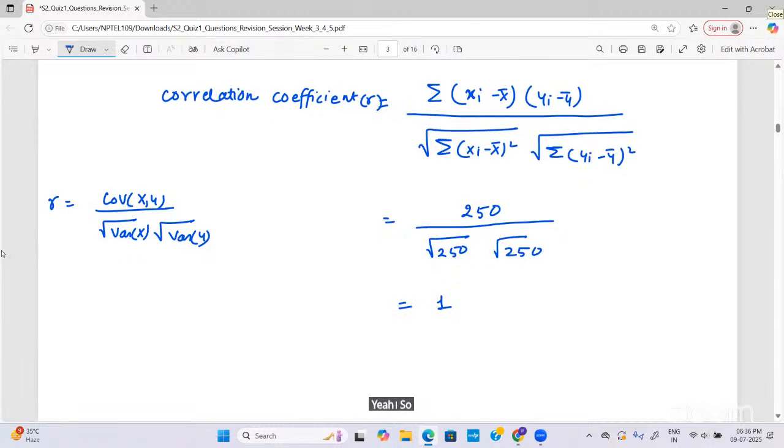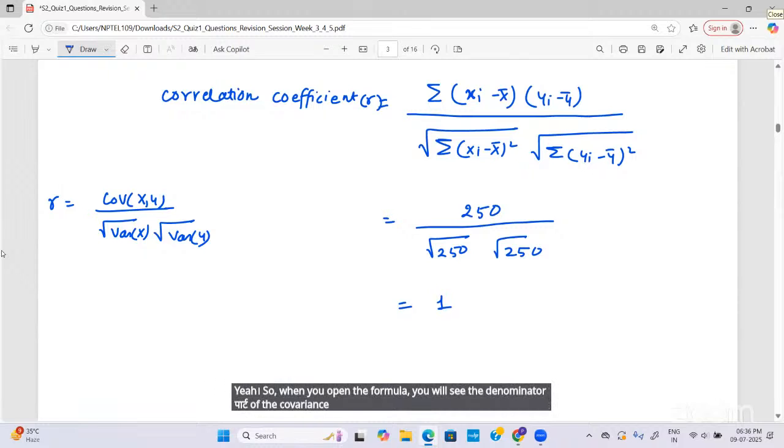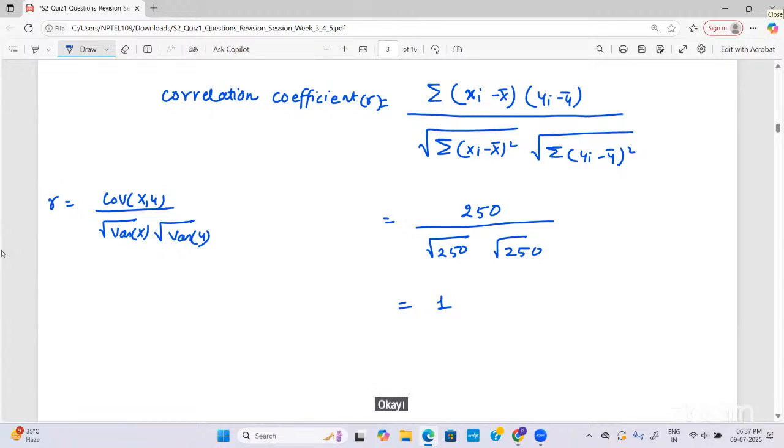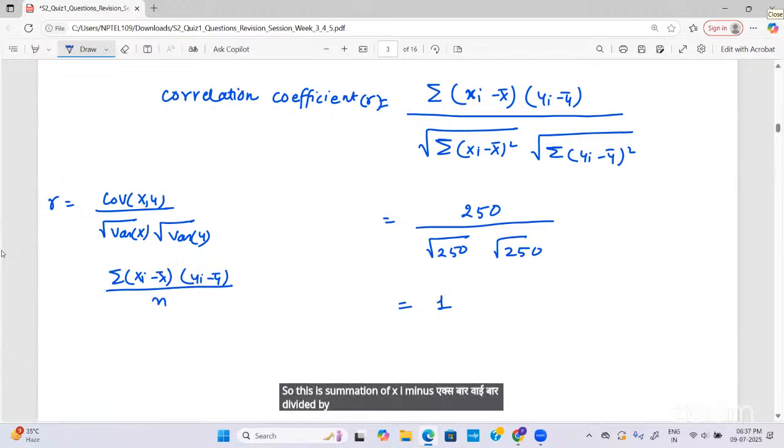So when you open the formulas, you will see the denominator part of the covariance and the square root of variance of x and square root of variance of y will be cancelled out. So this is summation of xi minus x bar, yi minus y bar divided by n. Suppose it is population covariance.